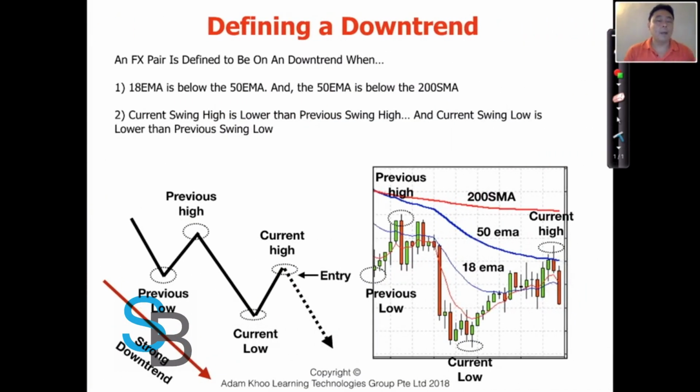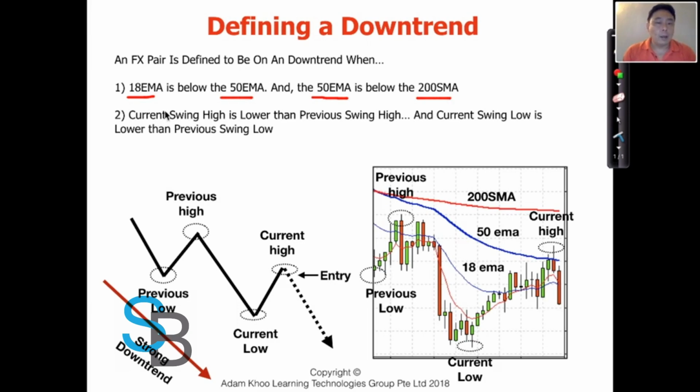A forex pair is defined to be on a clear downtrend when, again, the moving averages are in sequence, but from the biggest moving average to the smallest moving average. So now we're going to see the opposite: the 18 EMA has to be below the 50 EMA, and the 50 EMA is below the 200 SMA. You've got to see that downtrend sequence.